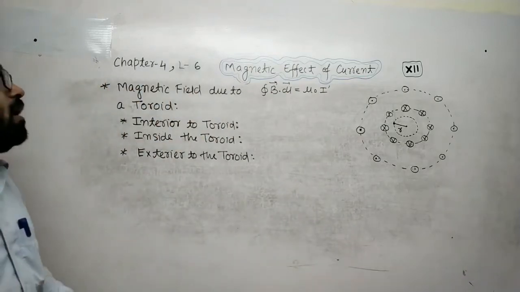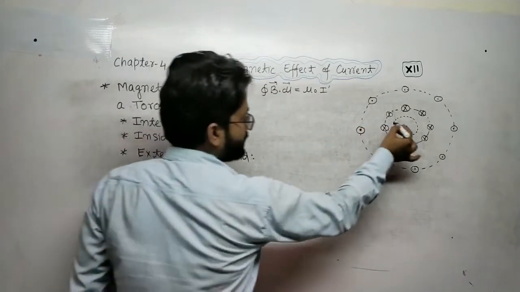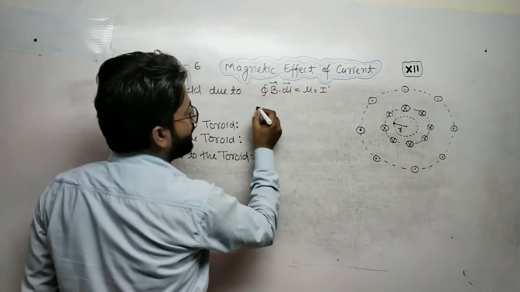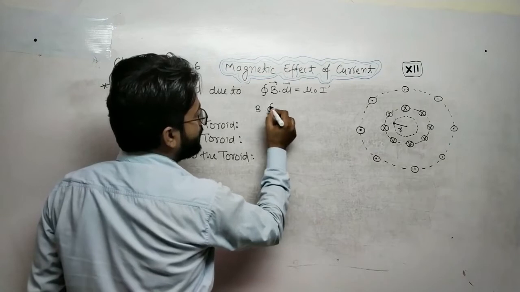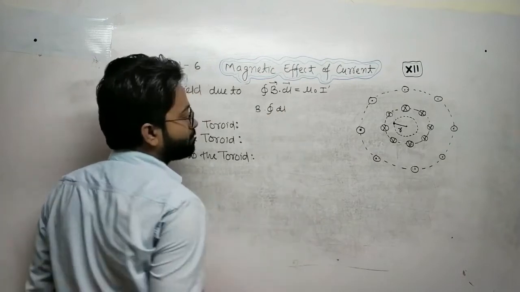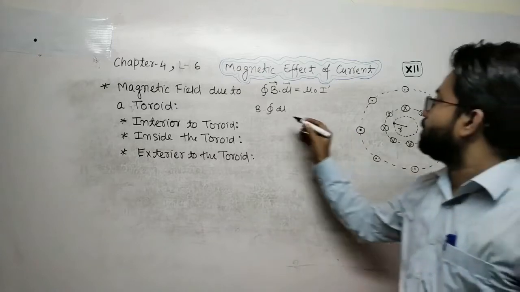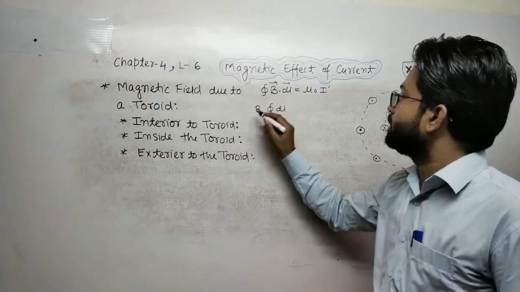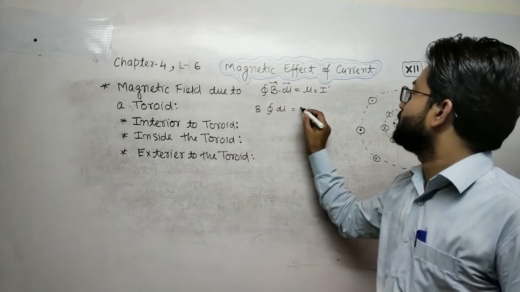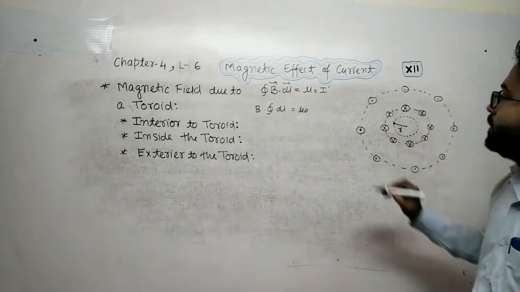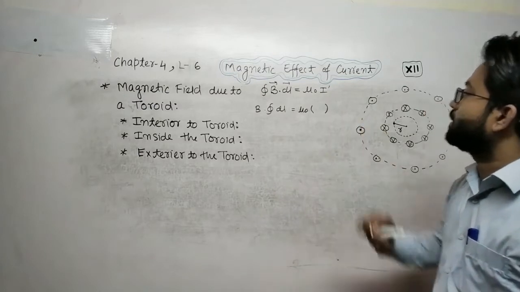Okay, apply. What you will have is that magnetic field times the line integral of dl. You know that magnetic field is constant. It can be taken out, equals mu naught times net current.